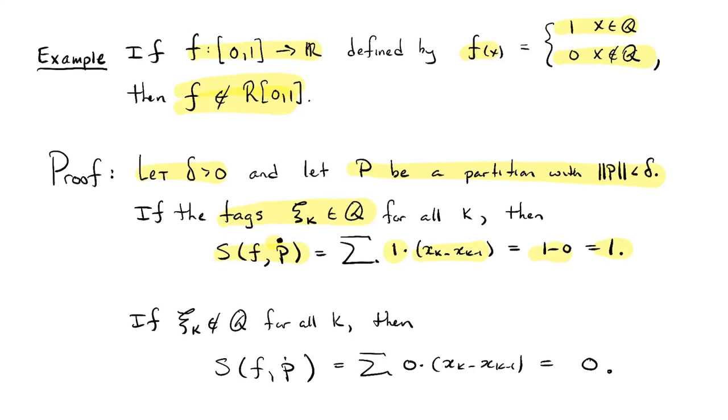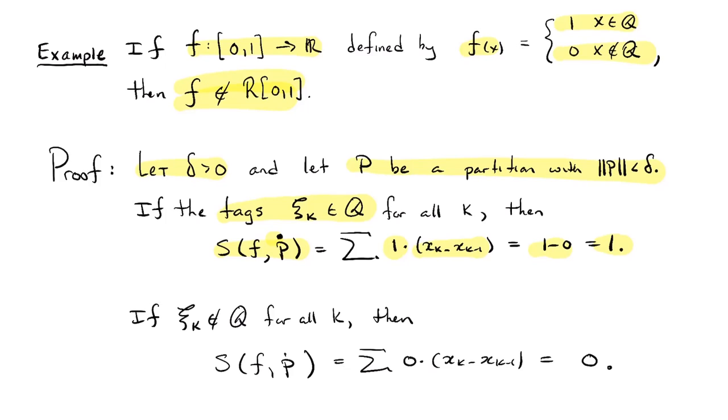Okay, it doesn't matter how I choose the tags as long as I choose them to be rational, and it doesn't matter what delta was. Okay, well, compare that to taking that partition of norm less than delta and choosing all the tags to be irrational. This is also possible. Every interval contains irrational numbers.